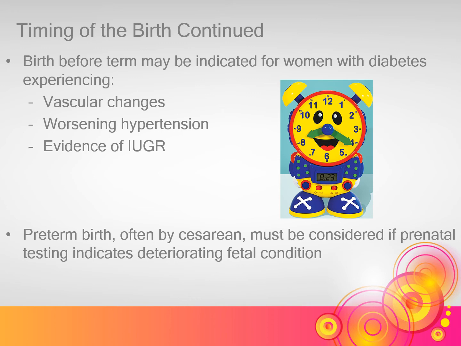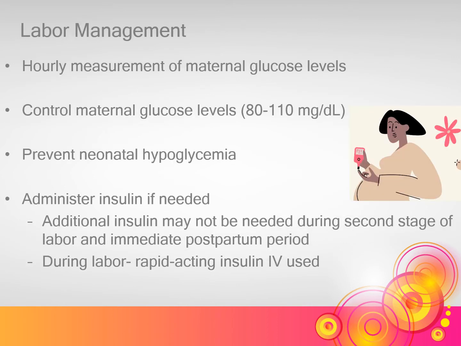Okay, so one thing we might do is the amniocentesis to check the lung maturity of the baby. For labor management, we're going to do hourly measurements of maternal glucose levels. We want to make sure we control the maternal glucose levels. In labor, we want it between 80 and 110.